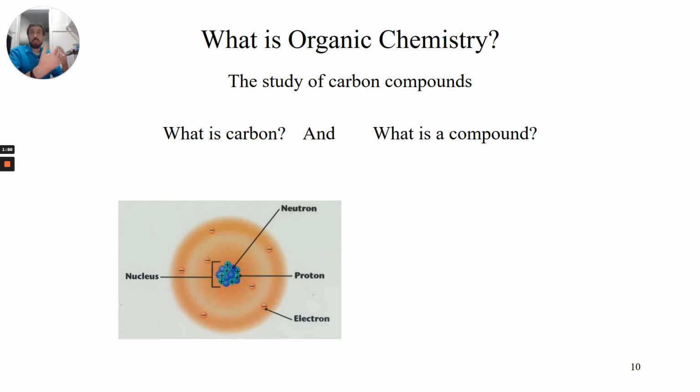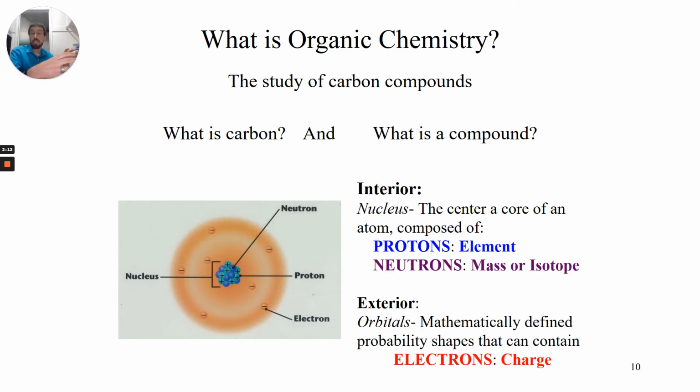Yes, isotopes are based on differing mass for the same element, so both protons and neutrons contribute to that. But once we've defined the element, our protons are static. Our isotope is then going to be dictated by our neutrons. So we can manipulate and divide out our neutrons, protons, and electrons to define certain aspects.